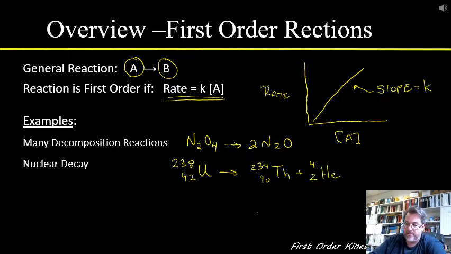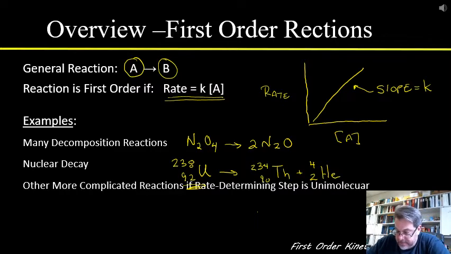These nuclear decay reactions are also first order. Later in this section, we're going to talk about half-lives, and half-lives, of course, are something that you probably associate with nuclear decay.